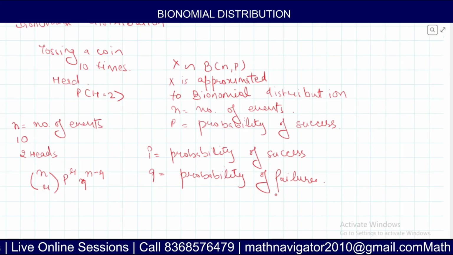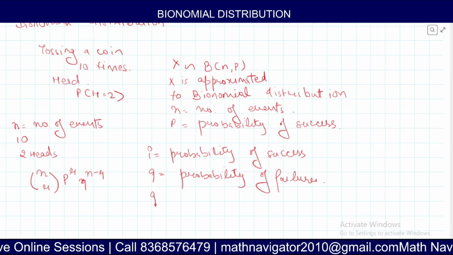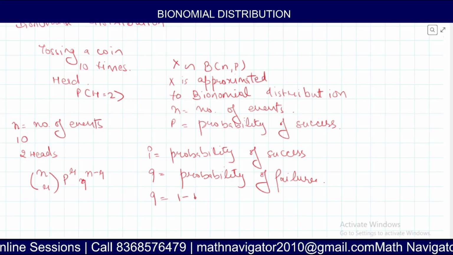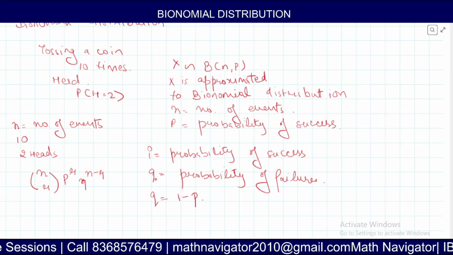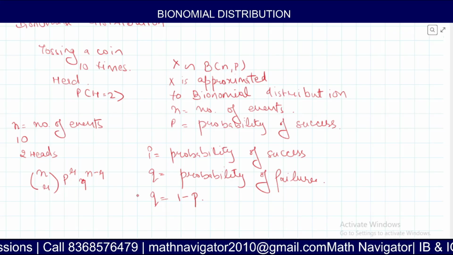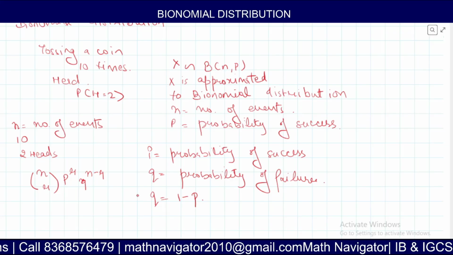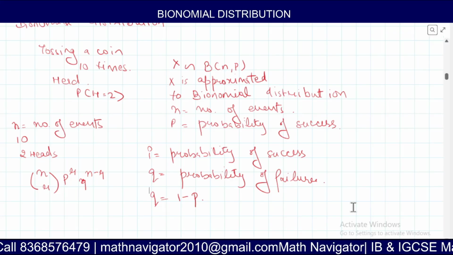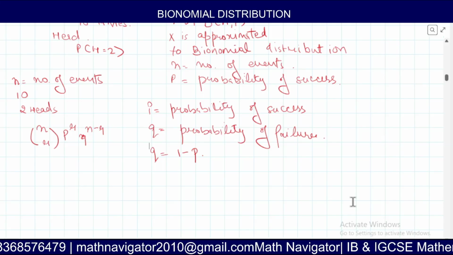So I can say q is equal to 1 minus p, because total probability is always 1. Very clear?